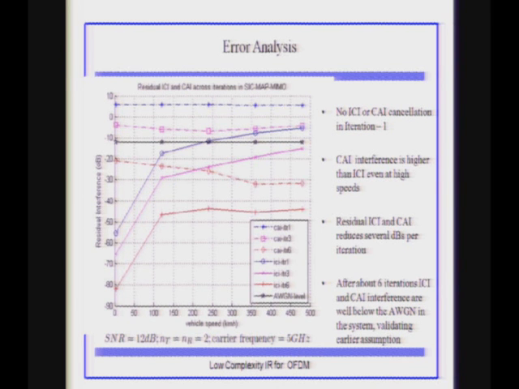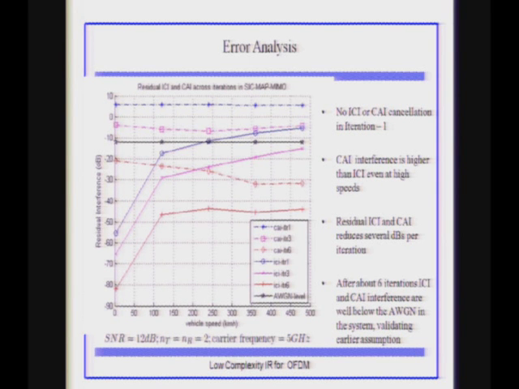And at the end of 6 iterations, you're getting progressively better mean and variance values, so it has gone down really drastically. This is much lower, around 10 dB lower than the AWGN in the system. The interference due to the co-antenna interference is much lesser. Now the other question is, why is it decreasing here?